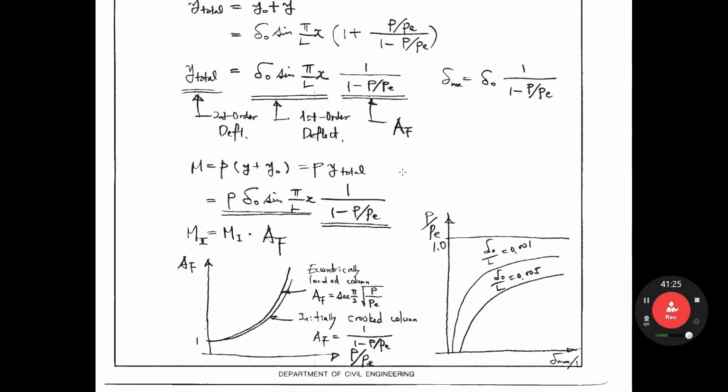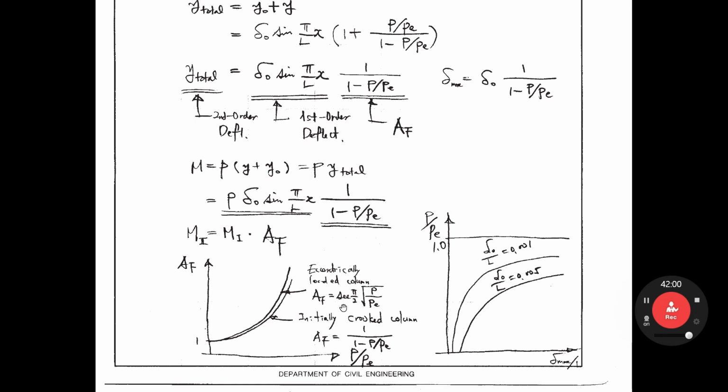If we draw this curve regarding P over PE and the amplification factor, then we did the initially crooked column. The amplification factor is like this: 1 over (1 minus P over PE). This one, right? Do you remember the eccentrically loaded column? We already learned it. At that time, what was the amplification factor? It is this one.